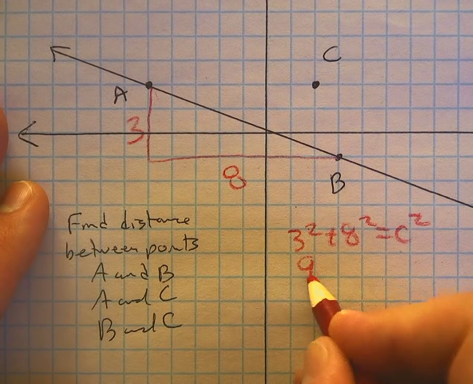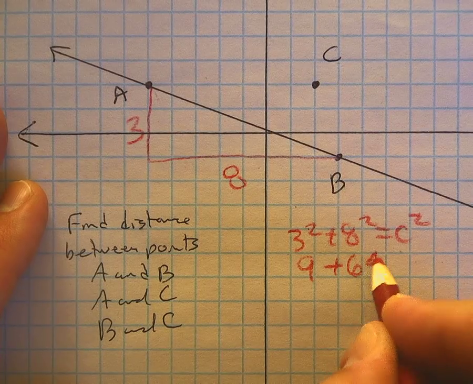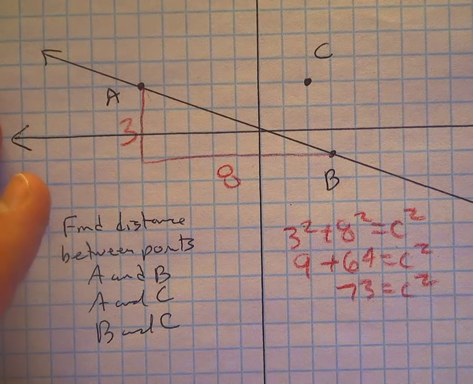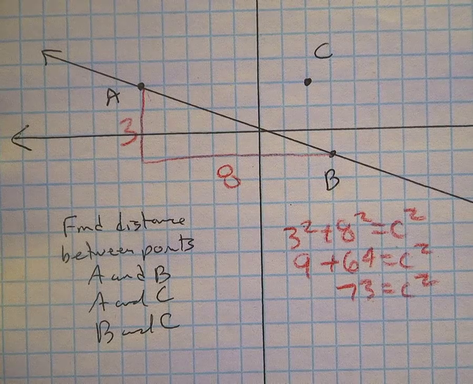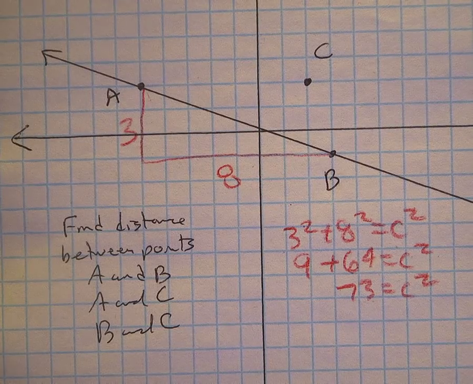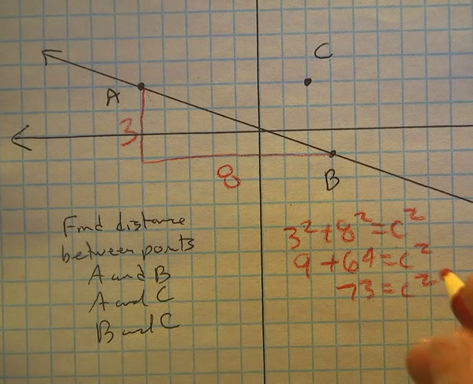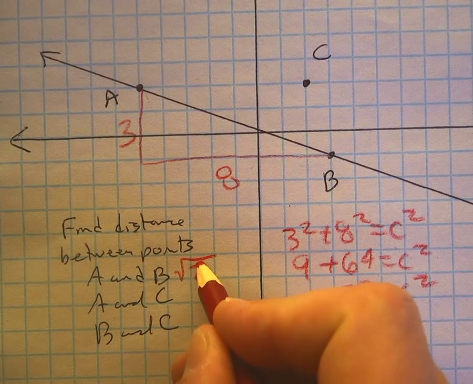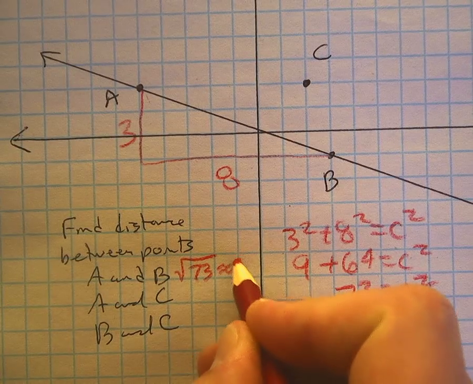This gives us 9 plus 64 equals c squared, or 73 equals c squared. Now, we want to take the square root of 73. I get about 8.5. So it's the square root of 73, which is approximately 8.5.